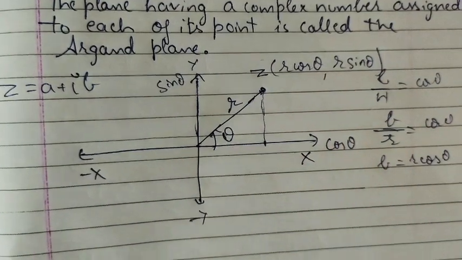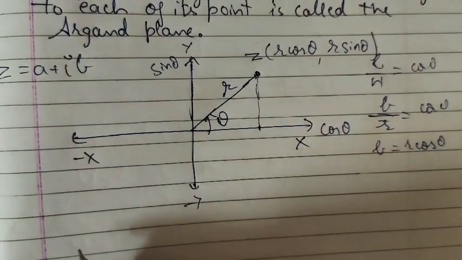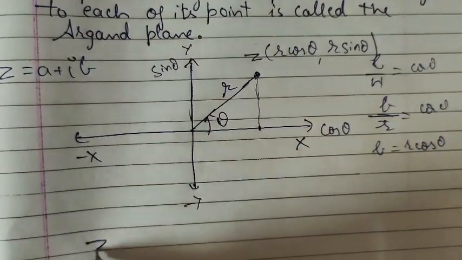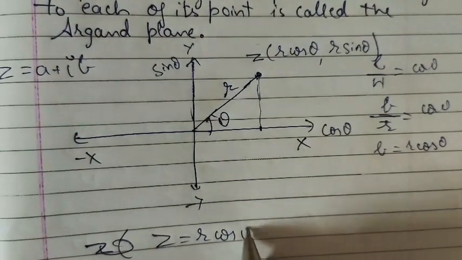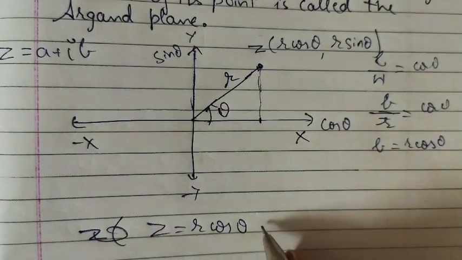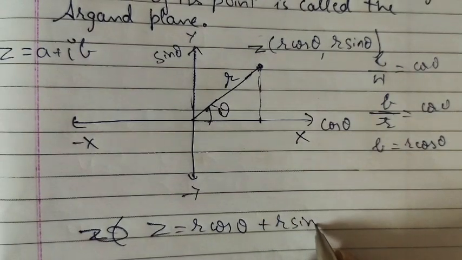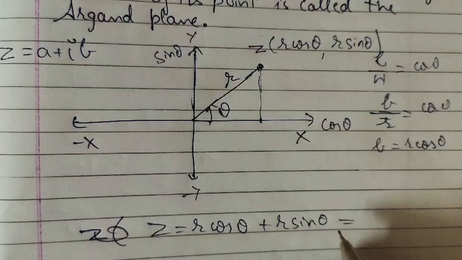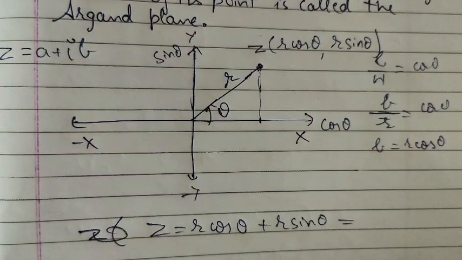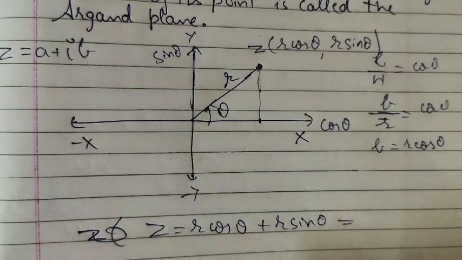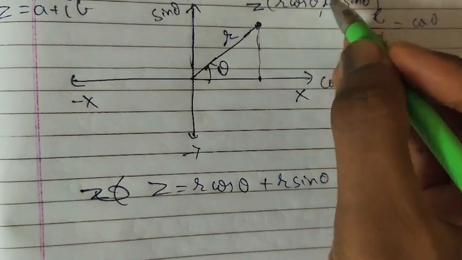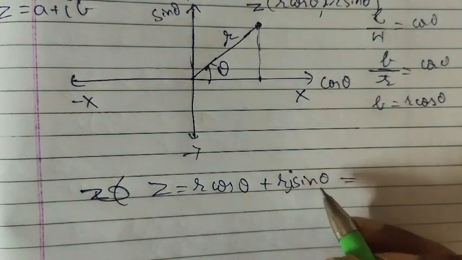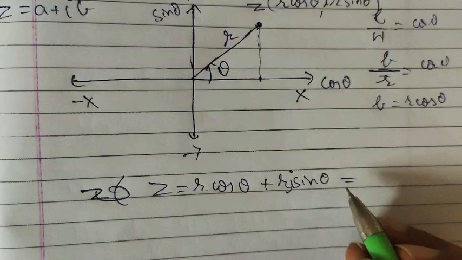So we can say any complex number in the Argand plane will be z, which is equal to r cos theta plus r sin theta. Okay, sorry, this is iota, because we are taking the imaginary part. So z is r cos theta plus iota r sin theta.